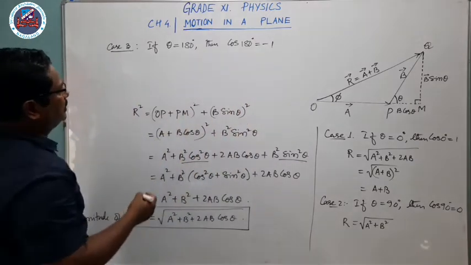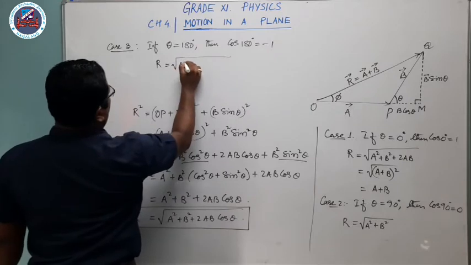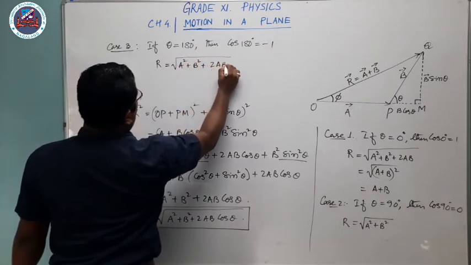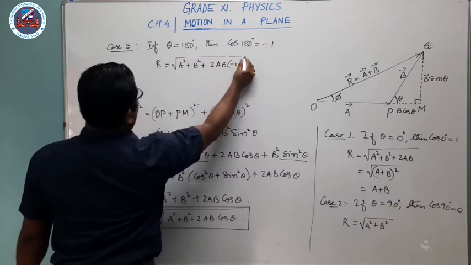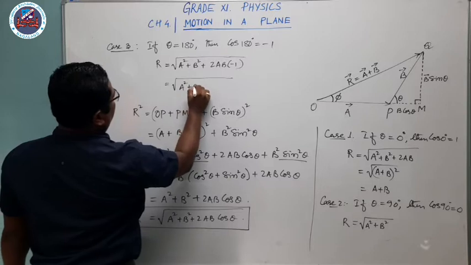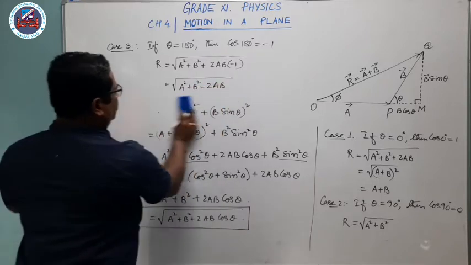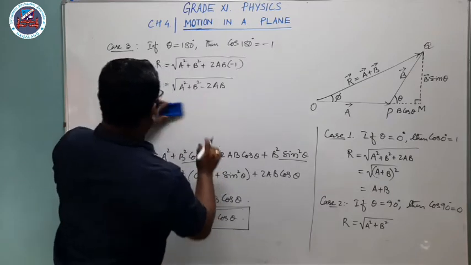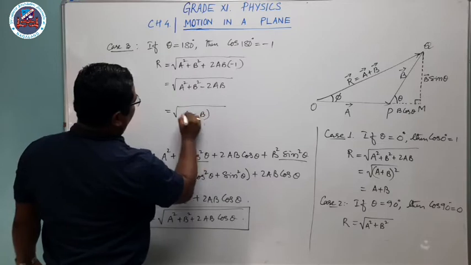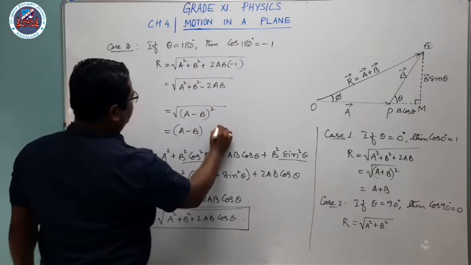So in that case R will be root over A square plus B square plus 2AB into minus 1, which gives A square plus B square minus 2AB. So it will become root of A minus B whole square. Square and root cancel, so it will be A minus B. You will get the minimum value.